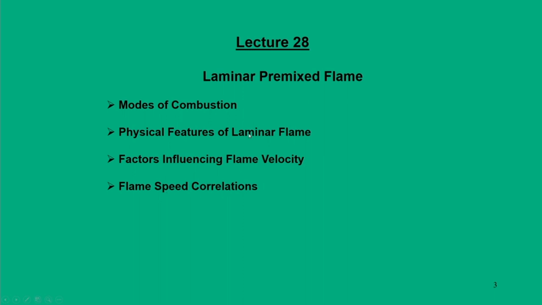Typically when you talk about flame, it is this flame speed that essentially decides how the reaction should proceed. If the flame extinguishes, it means that it is not a self-sustained flame. So in order to achieve a self-sustained flame, we need to have a desired flame velocity.